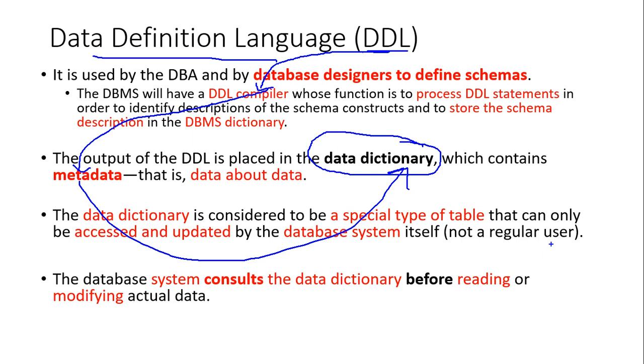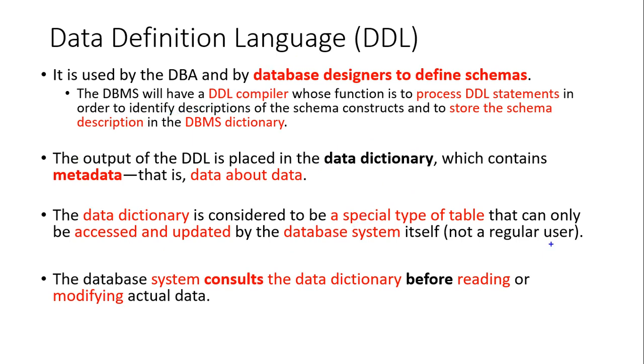Okay. So now the question comes, how will this data dictionary look like? Some of you have studied C programming or C++. Is it an object? Is it a class? Is it a struct? In a C program you have something called a struct, enumeration, and so on and so forth. What is it? In general, if you are using a relational database, the data dictionary is also a table.